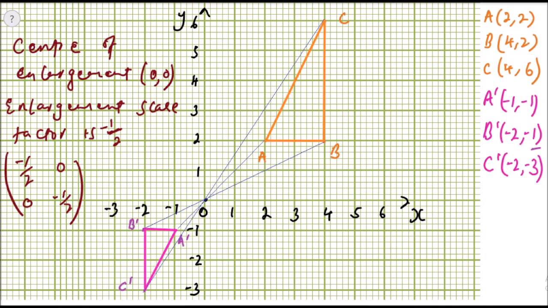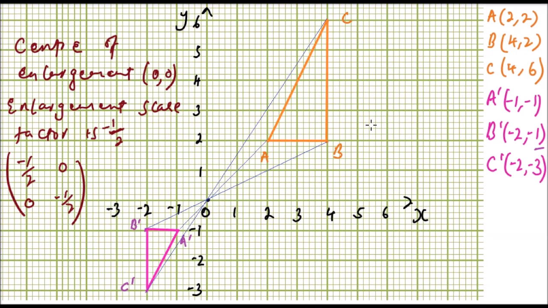And if you measure the distance from A to the center of enlargement, that is 0, 0, you can even use a square. You can see here 1, 2. This is 1. So this is how we get the enlargement scale factor, by taking the length of the image over the length of the object.